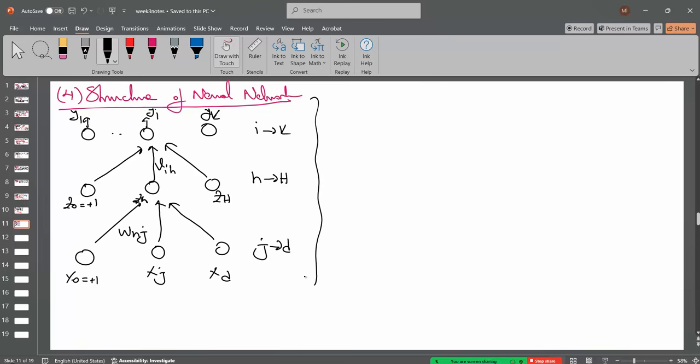So how can we calculate the output value for a given input?